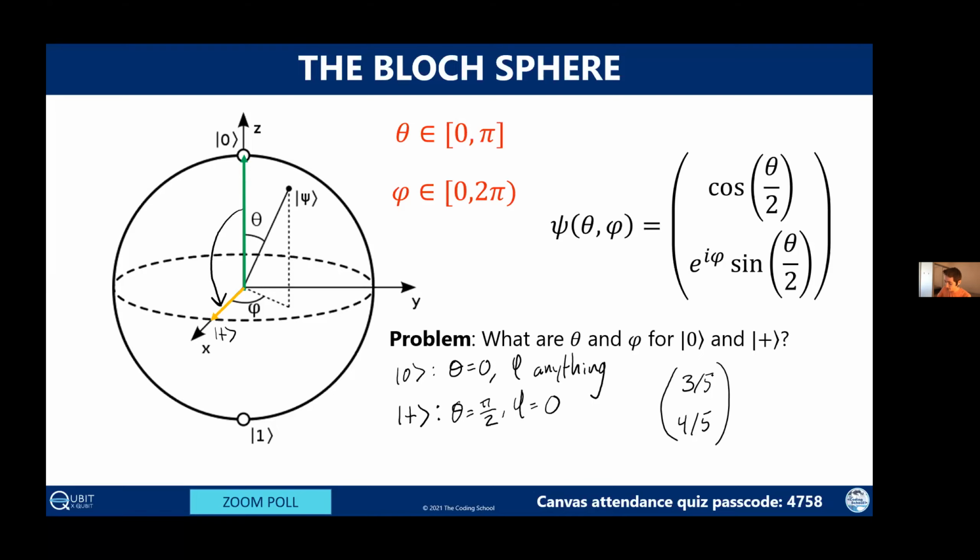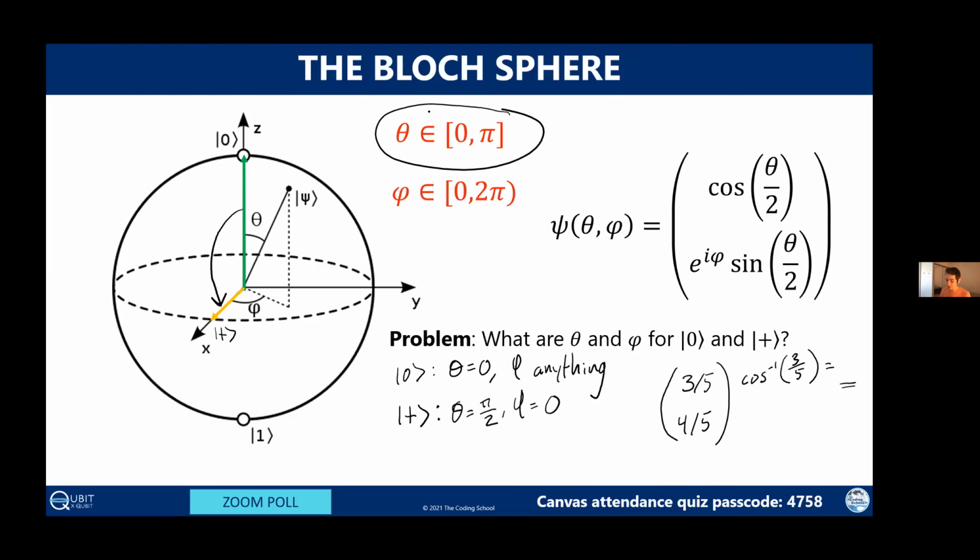Because the top element here doesn't have any phi in it. So I can just take the inverse cosine of 3/5, and I'll get some answer for my theta. The only caveat here is you do have to make sure that your theta falls in this range. So it's possible that you do the inverse cosine and you get an answer that falls outside of that range.